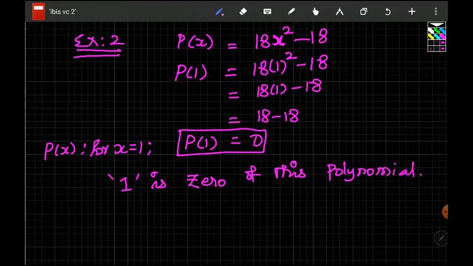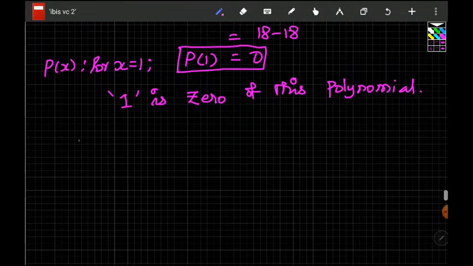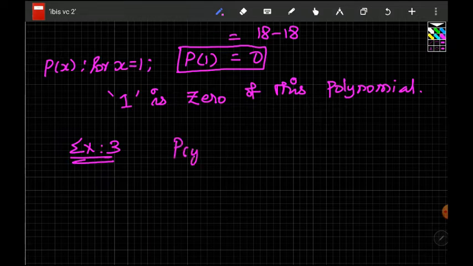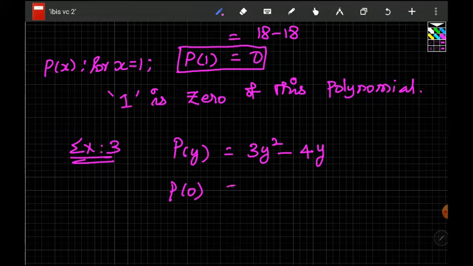Let's take another example, example 3. You have a polynomial in y as 3y square minus 4y. Let us try to find out p of 0. How do you obtain p of 0? By substituting y with 0.